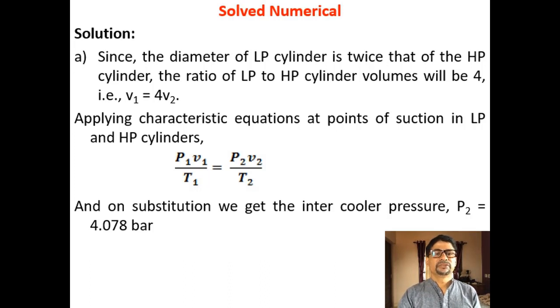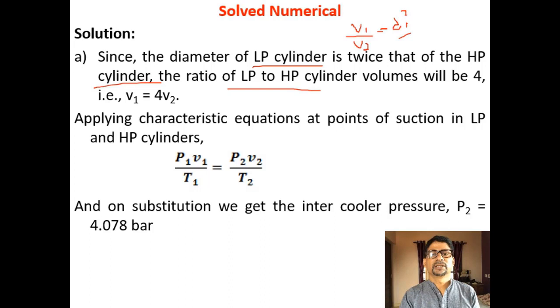Since the diameter of LP cylinder is twice that of the HP cylinder, the ratio of LP to HP cylinder volume will be 4. V1 is the volume of LP cylinder, and V2 is the volume of HP cylinder. So V1 is nothing but pi D1 square by 4. I'll just write D1 square because pi by 4 gets cancelled now itself.